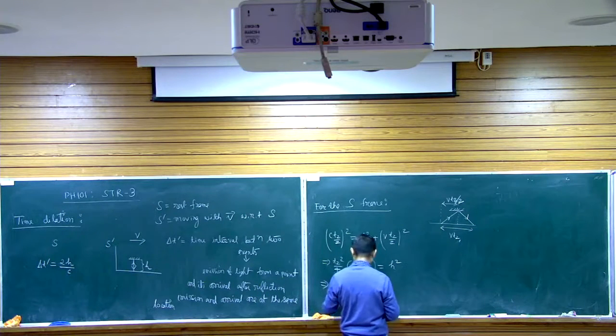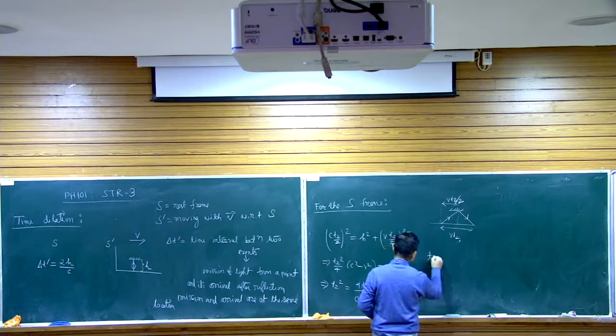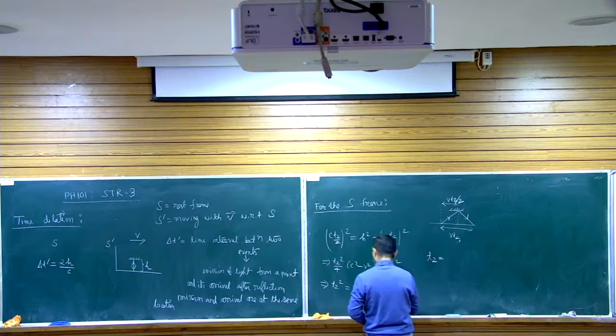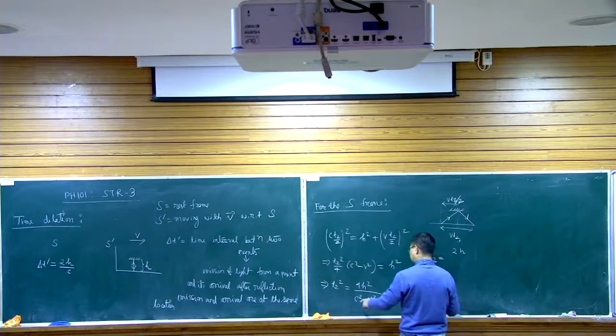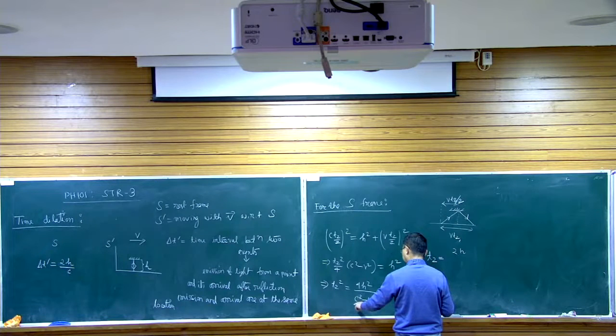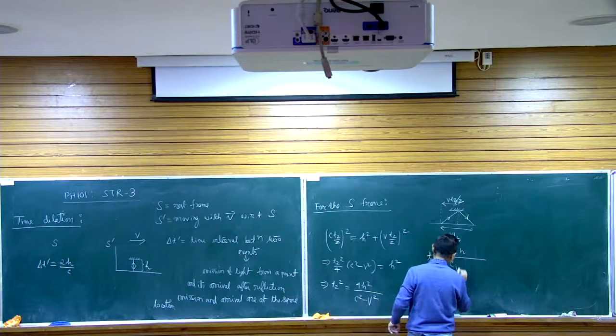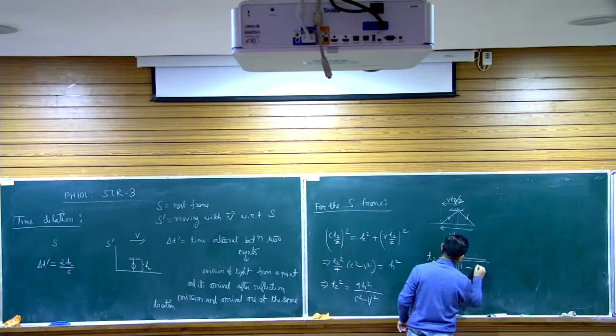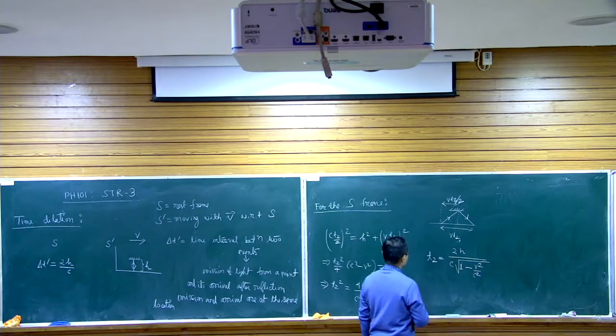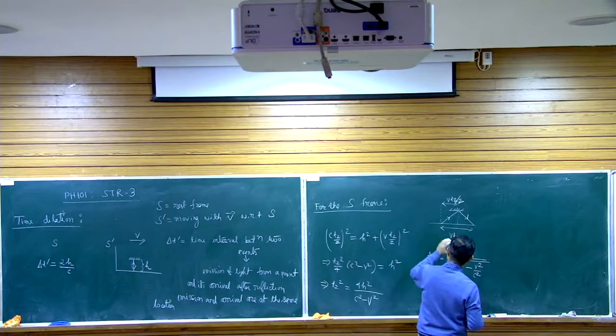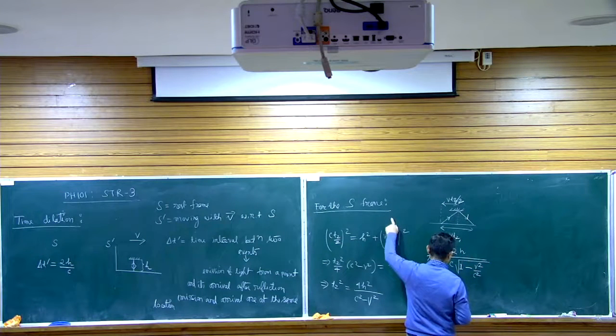If I take the square root, T2 is coming out to be 2h, and if I take c square common, after taking square root, I will get c square root 1 minus v square by c square. Now this T2 is nothing but the total time of the event as measured from frame S.